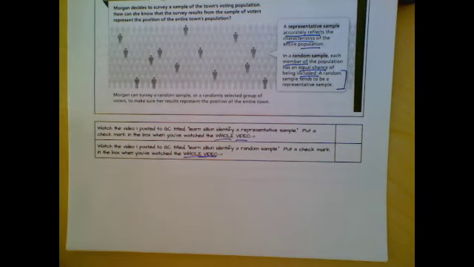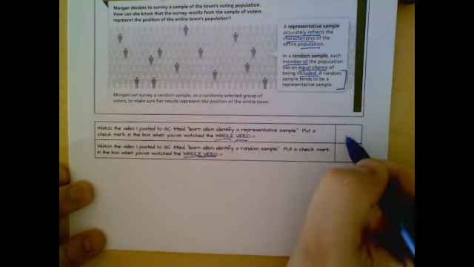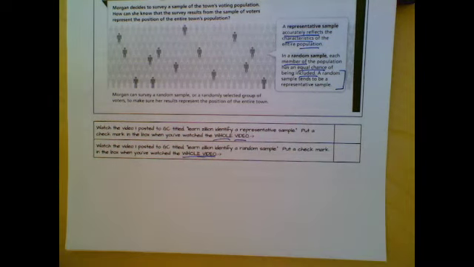So right now you're going to pause this video and watch the 2 videos that are linked on Google Classroom, both of them, and then put check marks here and here. When you've watched both of them, you're going to continue on this video, and we'll finish the packet after that. So right now, hit pause and go over to Google Classroom.